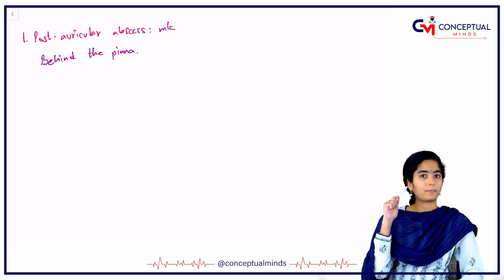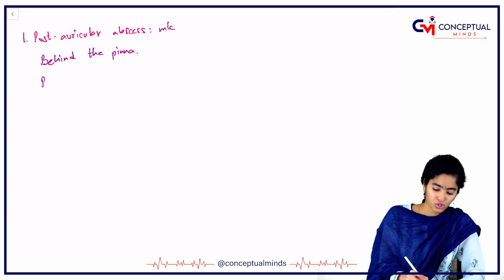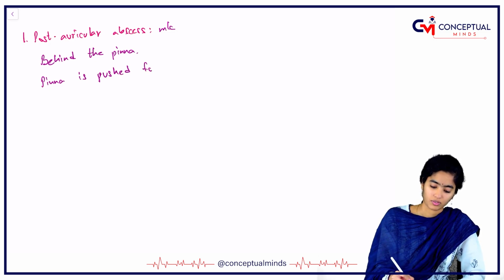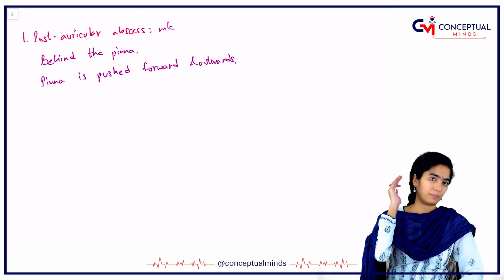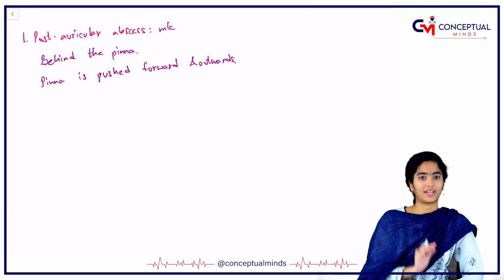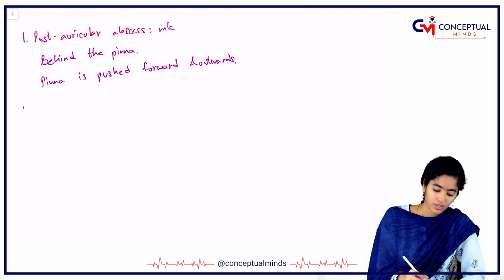This will push the pinna forward and outwards. And you can see that there is a fluctuant mass that can be palpated behind the ear. You can see it as a swelling. This is your post-auricular abscess.